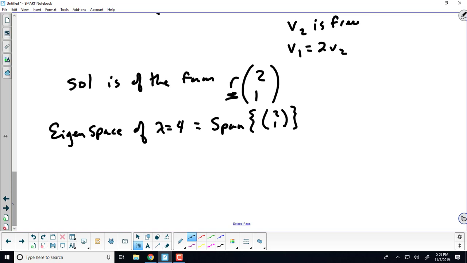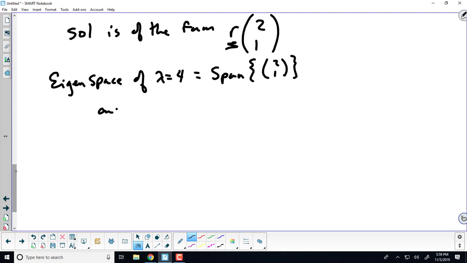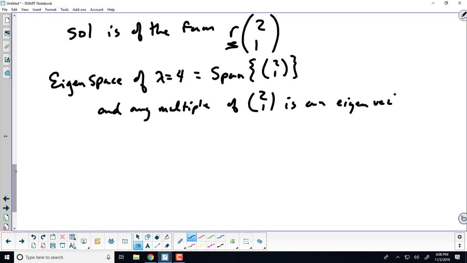So we got the eigenspace, the span, and any multiple of 2, 1 is an eigenvector of lambda equals 4.